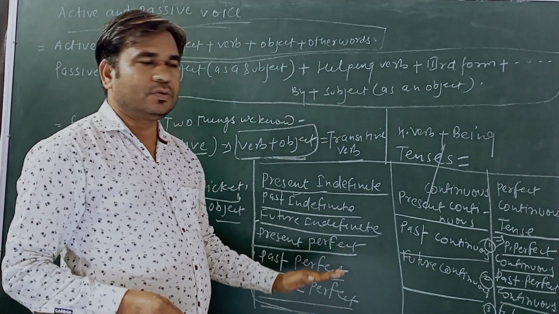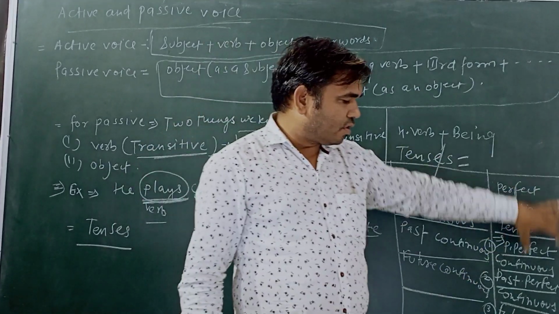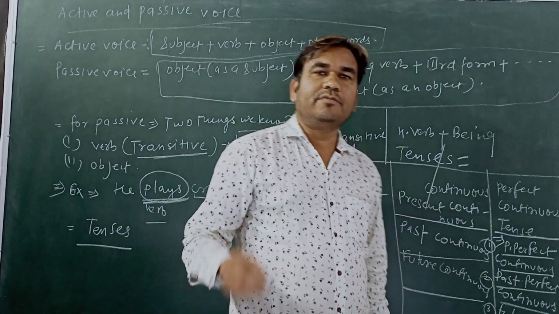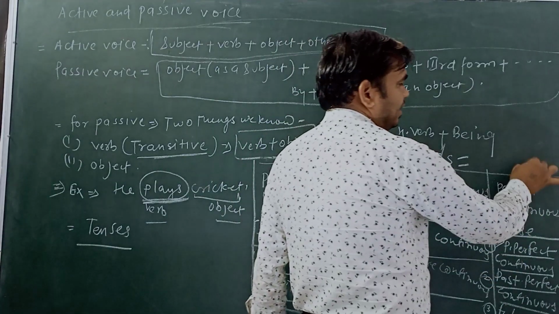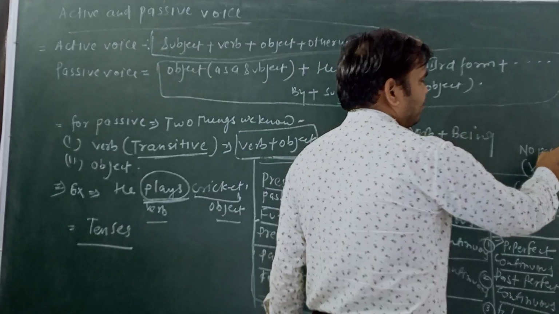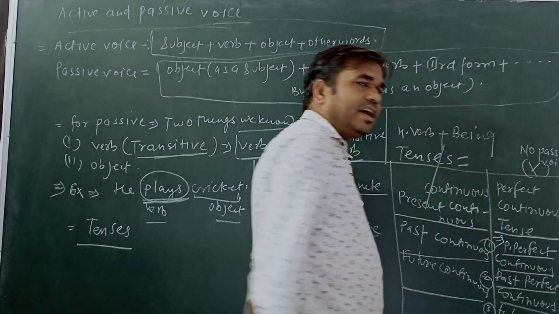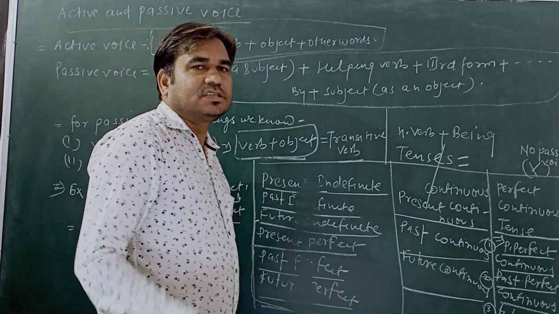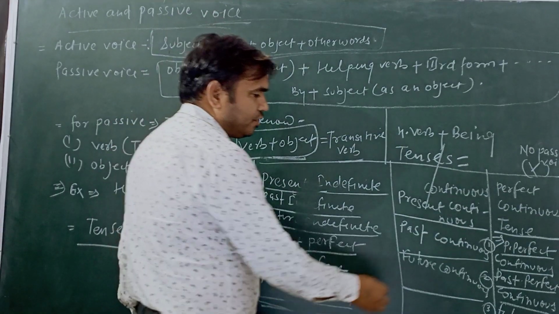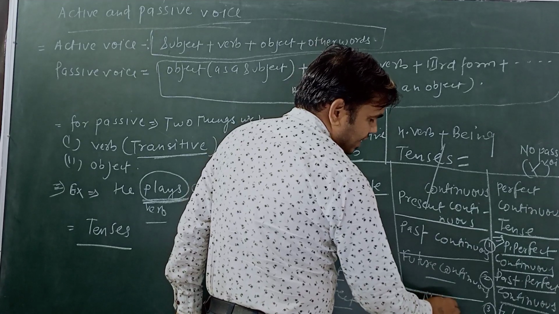So you have to utilize it. And here you see this column has no passive voice. And here one more sentence, that is future continuous. Future continuous has no passive voice.